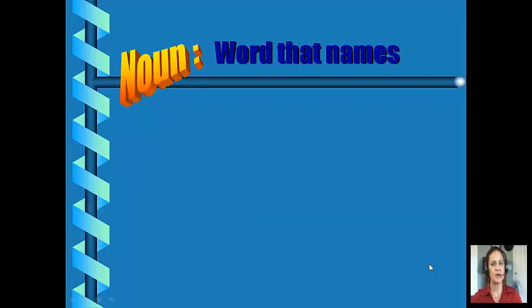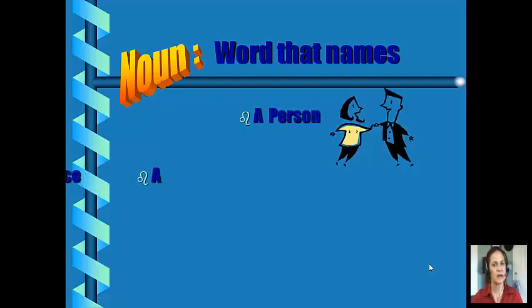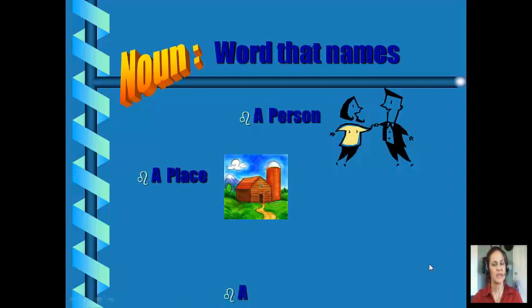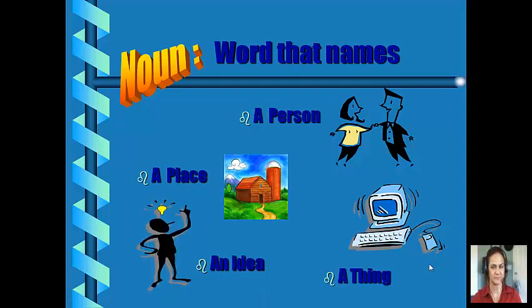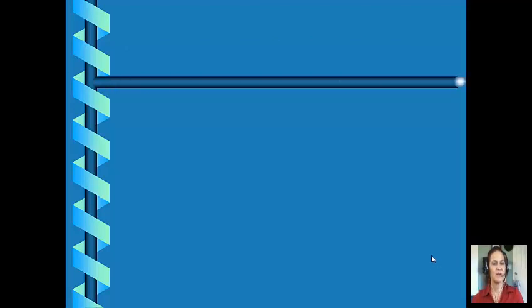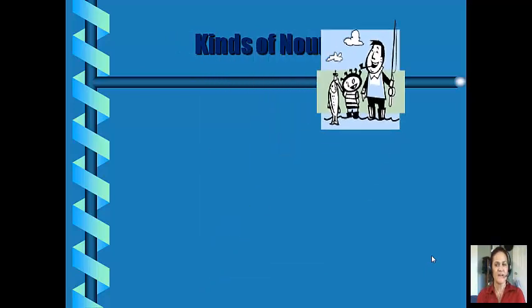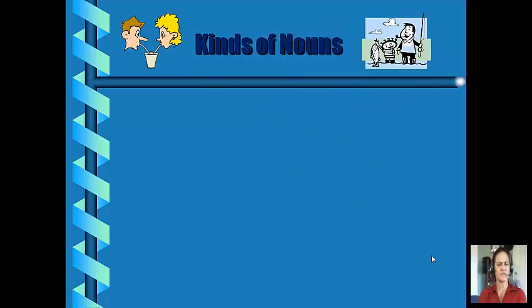So you remember a noun names a person, a place, a thing, or an idea. When we think about nouns, we have to think of all the different kinds of nouns. The ones that we're going to talk about first are very familiar to you.